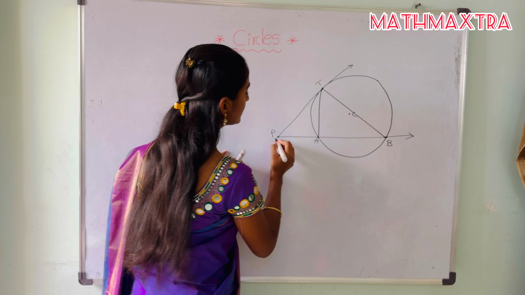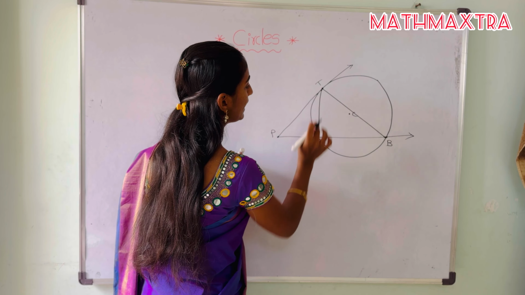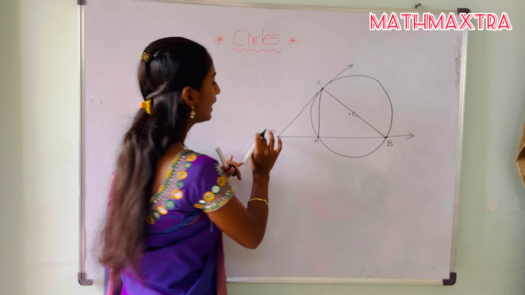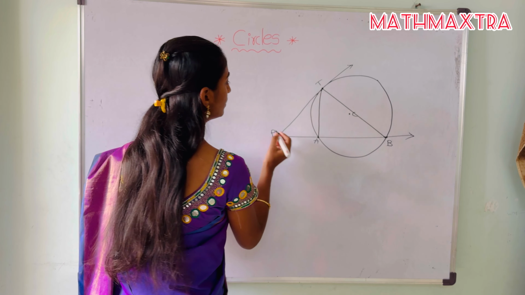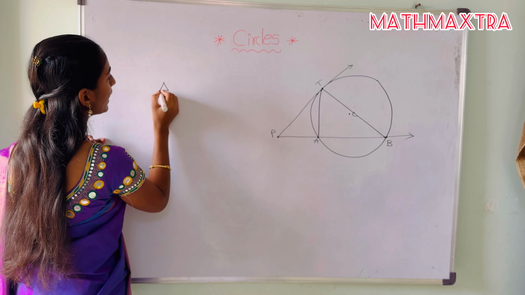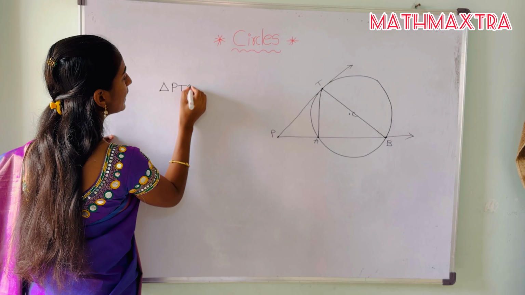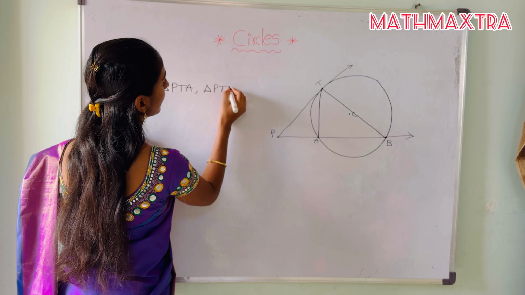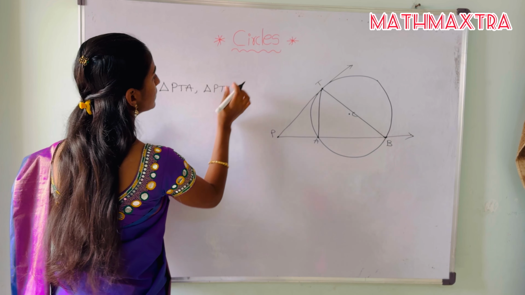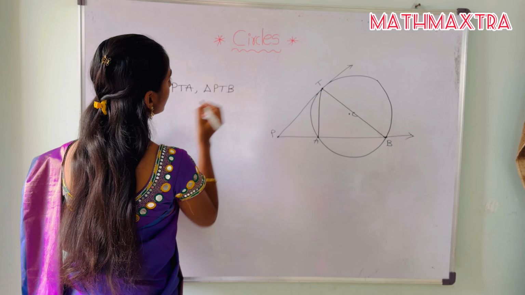see, this forms triangles. PTA is one triangle formed and PTB is another triangle formed. Now observe triangle PTA and triangle PTB.